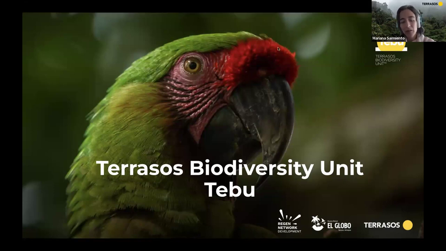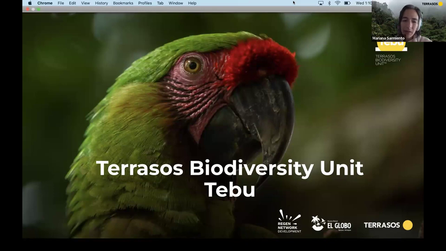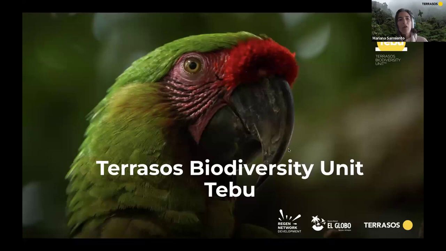We have been pioneers in the creation of habitat banks in Colombia and Latin America, and then evolved to doing work in biodiversity credits, not just thinking about compliance markets, but also thinking about voluntary markets. So today we're extremely excited to be here.